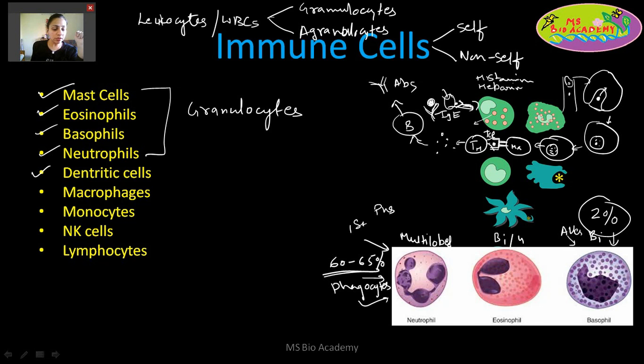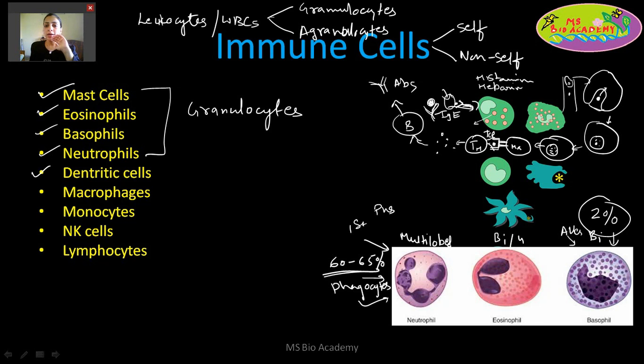The next immune cell, the next hero of our immune system, is the dendritic cells. Dendritic cells got their name because they have these dendrite-like projections. Don't confuse them with the dendrites of the neurons which I have talked about. They have nothing to do with the nervous system.